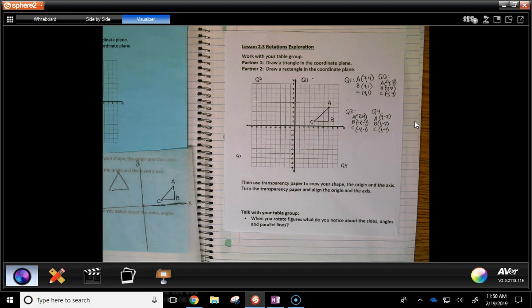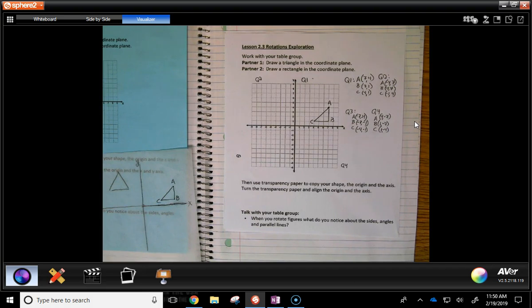If we did 3 turns, that's going to be 270 degrees, and they are also going to turn. 3 turns would have been 1, 2, 3. And I would have been in my second quadrant, 7, 4 to negative 4, 7. We also would have flipped my X and Y coordinates. Same numbers, just flip their position.